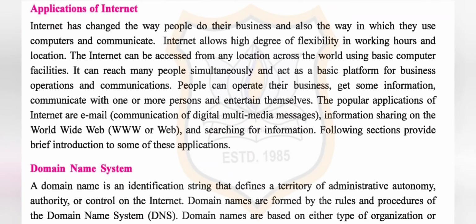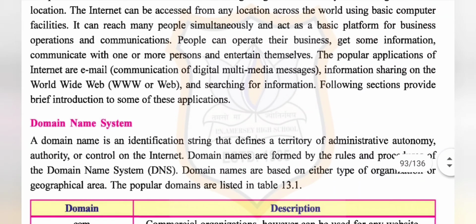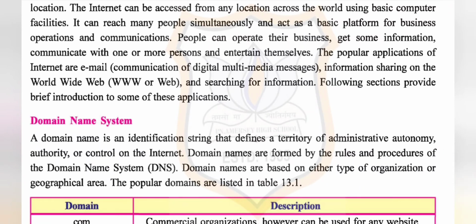Applications of internet. Internet has changed the way people do their business and also the way in which they use computers and communicate. Internet allows high degree of flexibility in working hours and location. The internet can be accessed from any location across the world using basic computer facilities. It can reach many people simultaneously and act as a basic platform for business operations and communications.